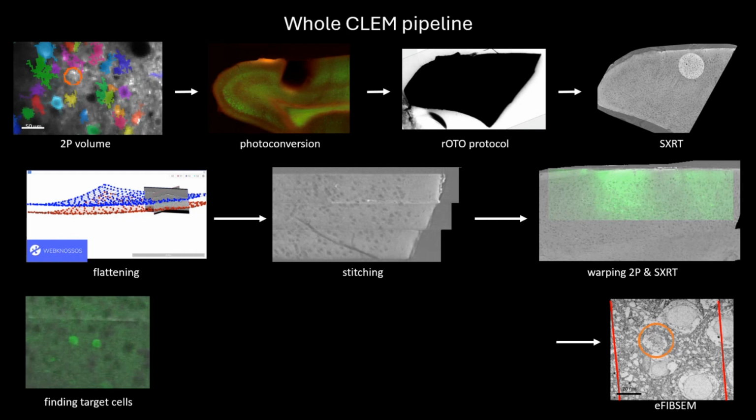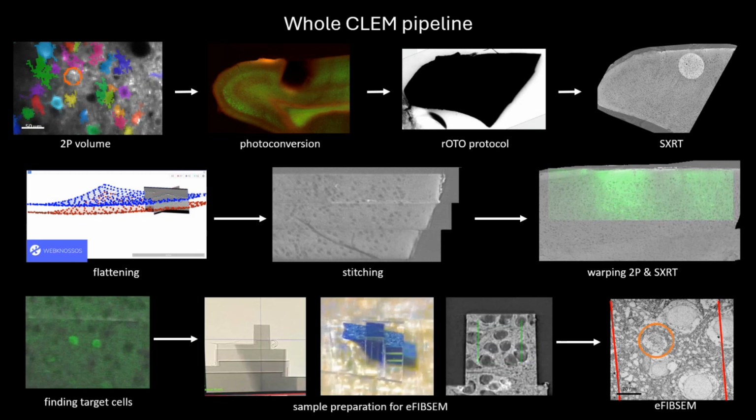Then we can go and search for our target cells, and all that is left to do is to shape up the tissue for the subsequent enhanced FIBSEM milling.